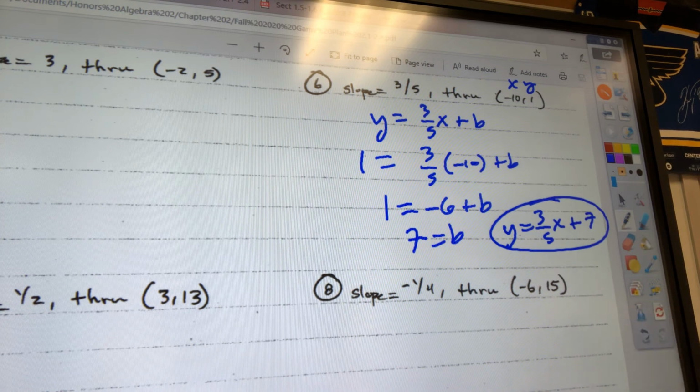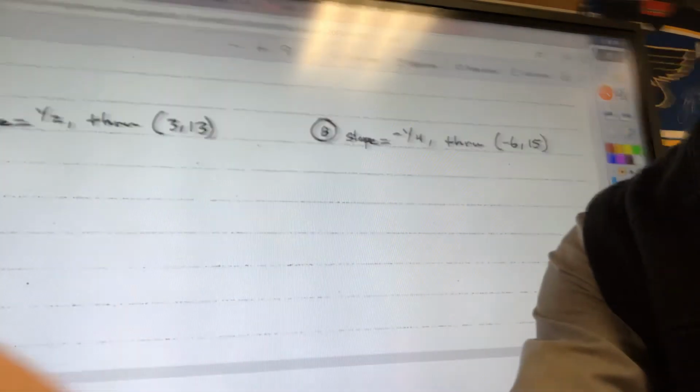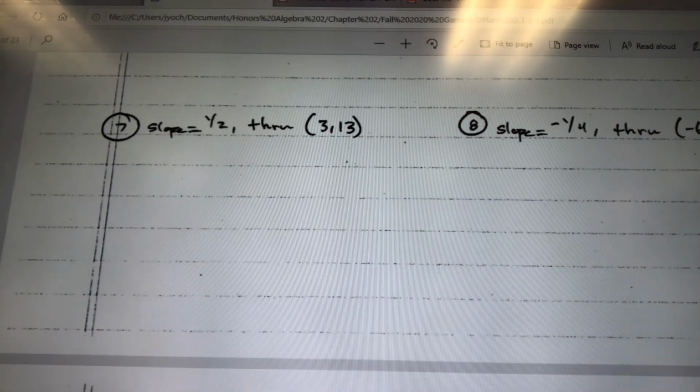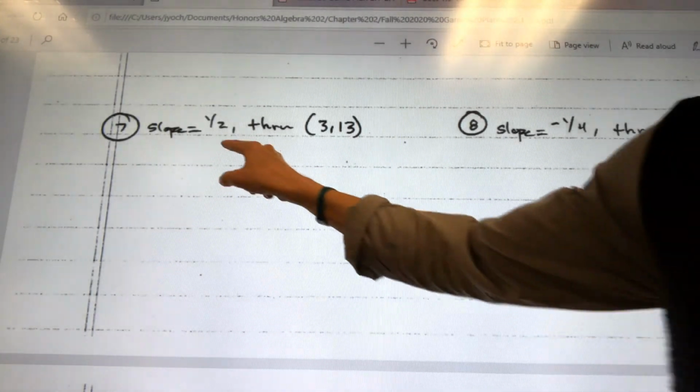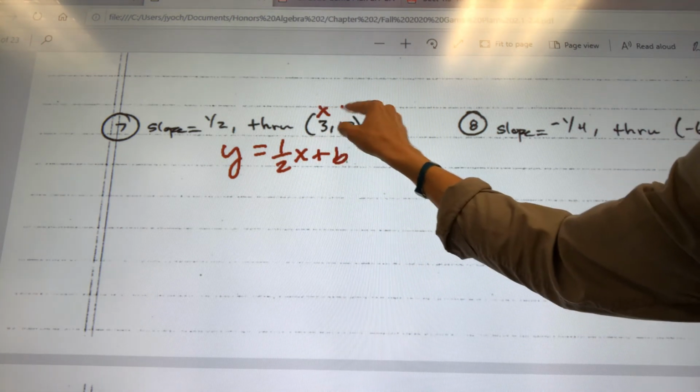And then number 7, we'll have a fraction involved, but that fraction's not terrible. y is a 1/2 x plus b.